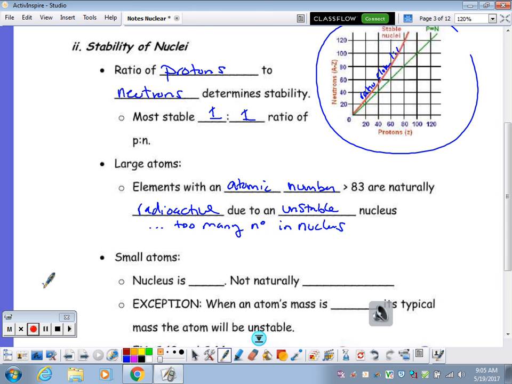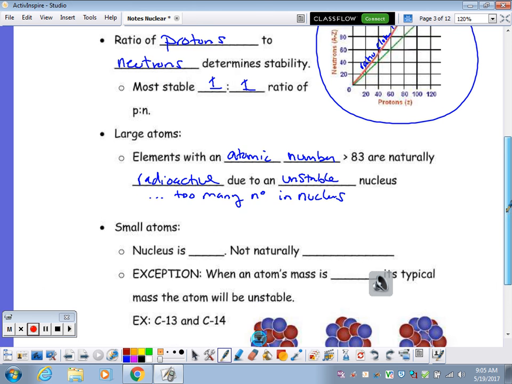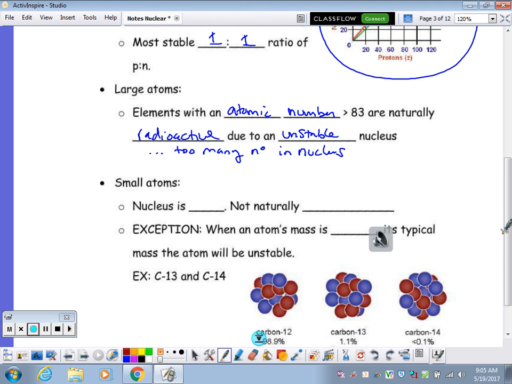Smaller atoms, where the nucleus is relatively small, tend to not be naturally radioactive. But of course, there are exceptions to this.